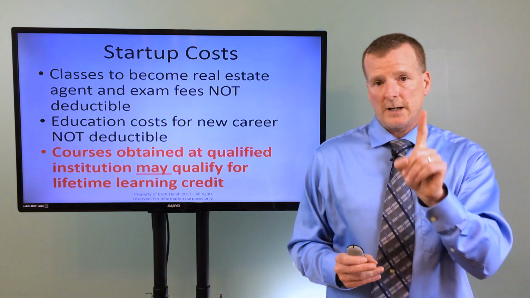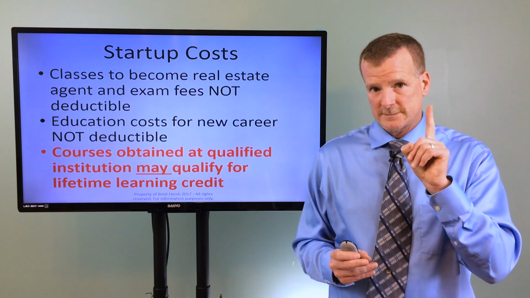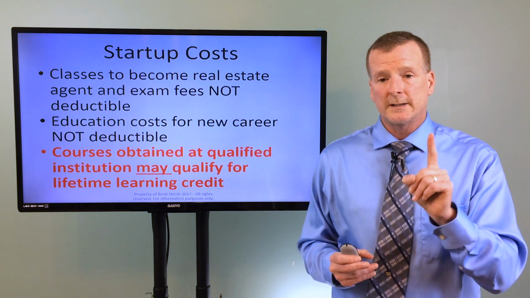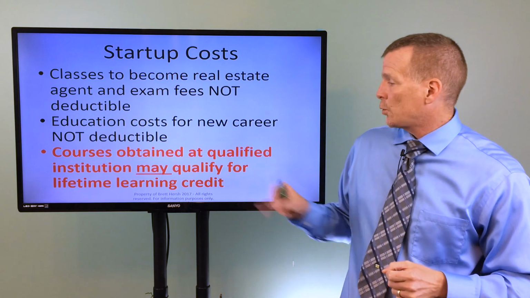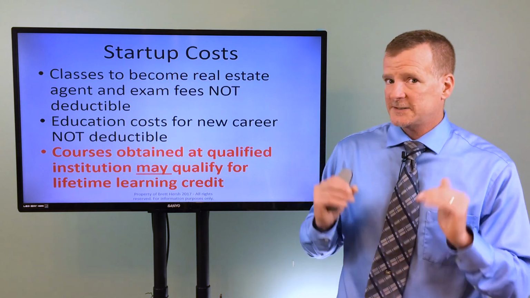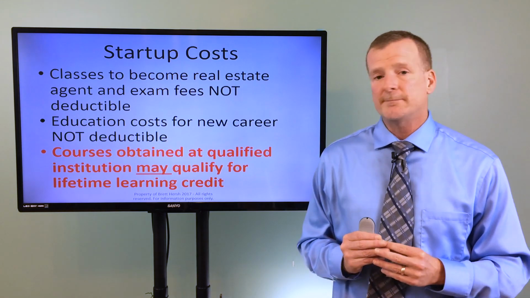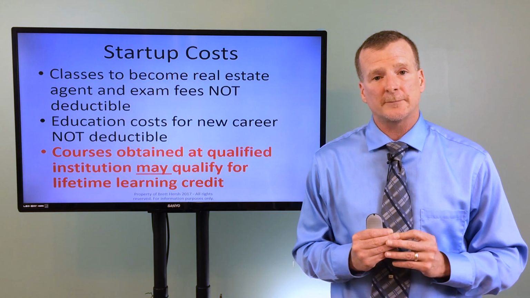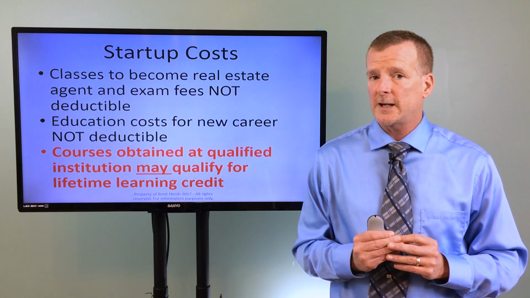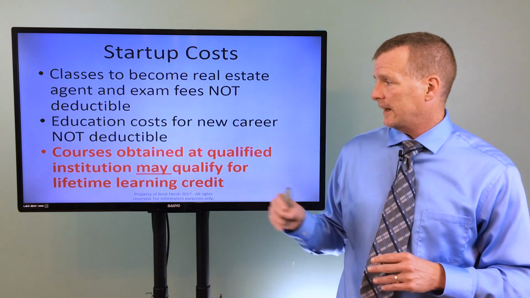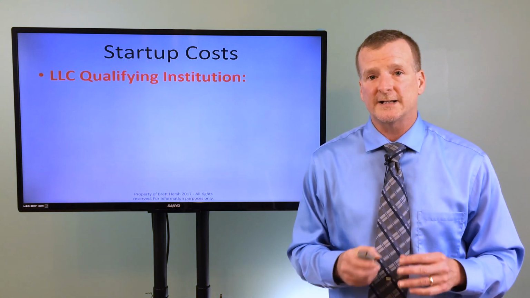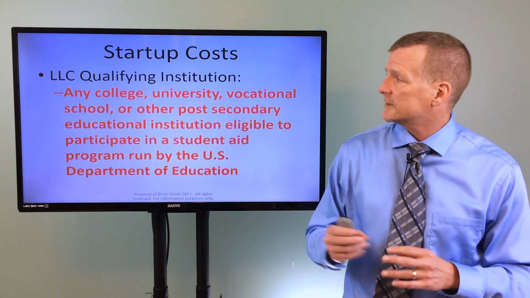However, this course is not about other credits and whatnot, but I want to make you aware that the courses you took, not the exam itself, but the courses you took at a qualified institution may qualify for what's called the lifetime learning credit, which can be a very valuable credit if you took those courses at a qualifying institution. Now, what is a qualifying institution?